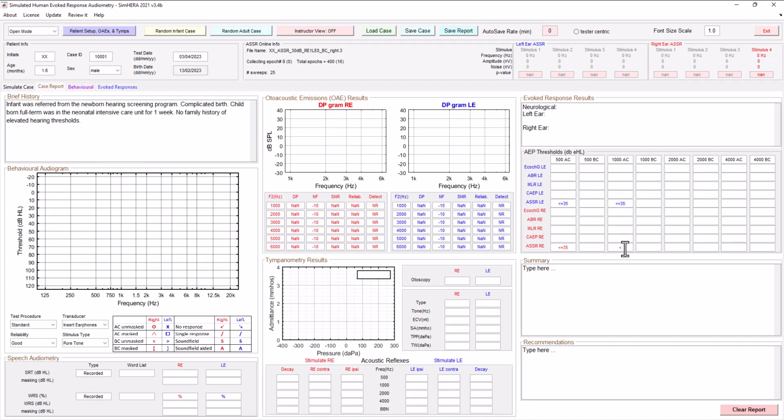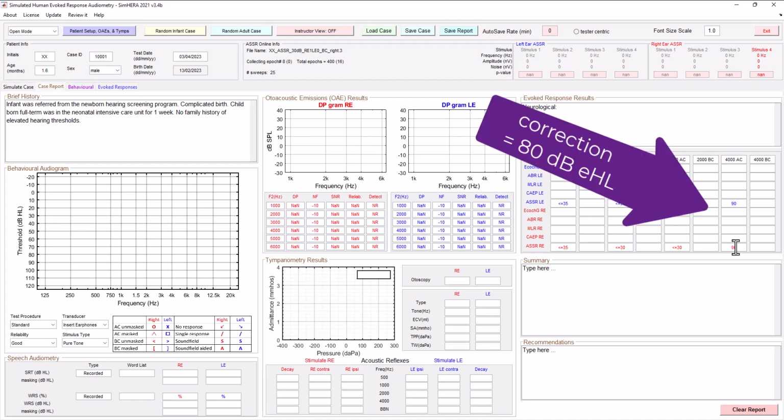And less than or equal to 35. Well, actually, we got in the right responses at 40 dB NHL, which is corrected to less than or equal to 30 for the right. And then for 2000, that is less than or equal to 30, and less than or equal to 30 for the right. And then for 4000, we had both 90 for left and right ears.